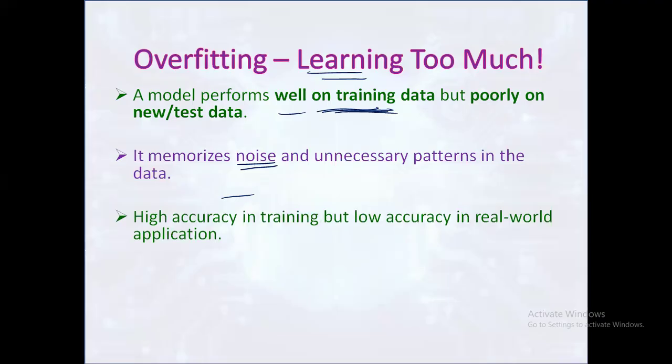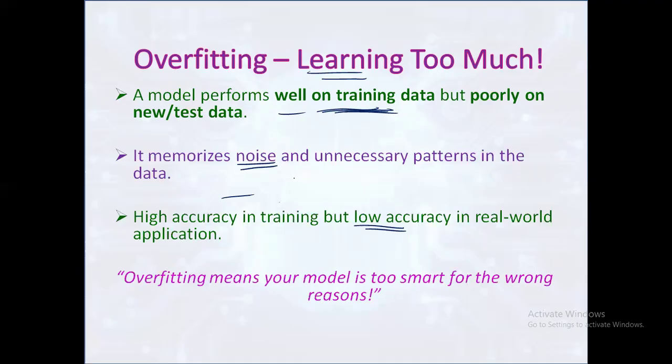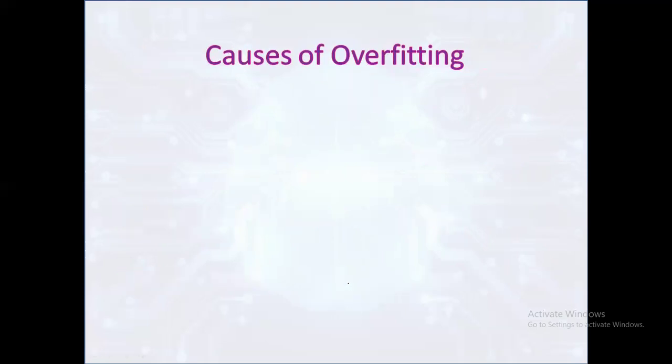A classic sign of overfitting is a model that scores very high accuracy in training but performs significantly worse on validation or test data. This gap between training and testing performance is a major problem in real world applications. That means overfitting means your model is too smart for the wrong reasons.